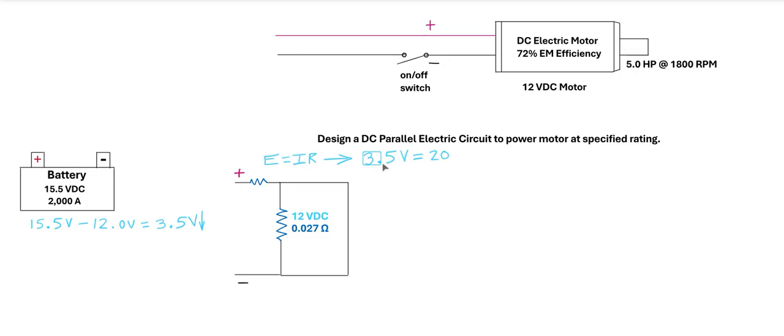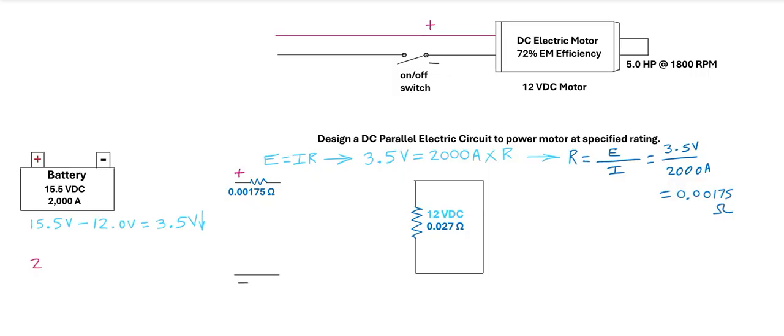We have to drop 3.5 volts on series. So we can make that equal to 2000 amps from the battery times R and simply solve for R. We get a resistance value on the first resistor on series of 0.00175 ohms.